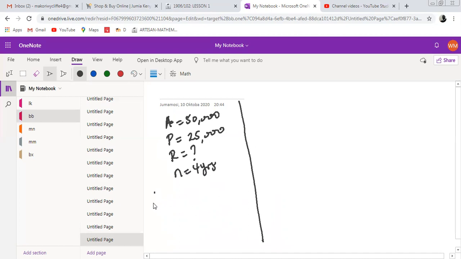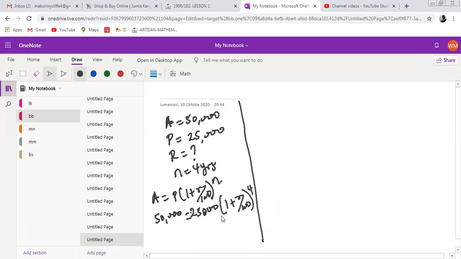Simply come here and say, amount is given by principal into 1 plus r over 100 power n. In this case, our A is 50,000, must be equal to 25,000 into 1 plus r over 100 power 4. We don't know the rate here.